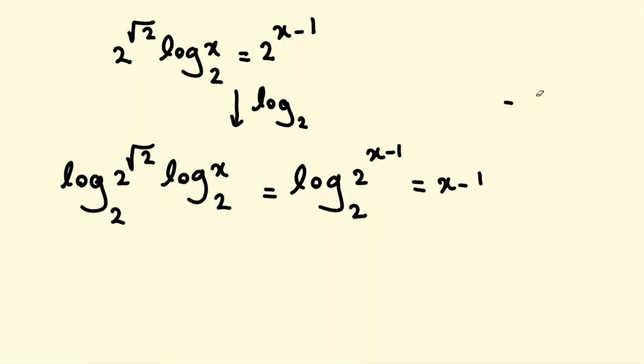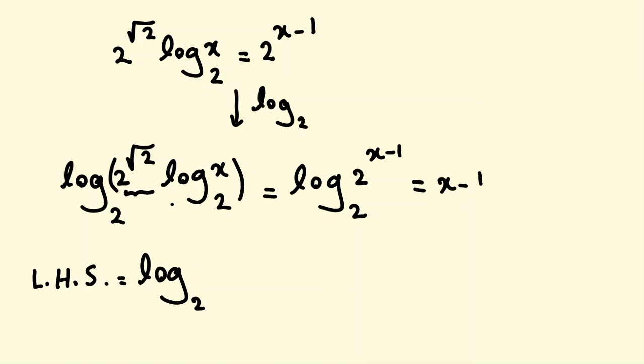Let me erase this. Now let's focus on the left hand side. I want to simplify that. If you pay attention, you take a log from this, and here we said it is this times this.